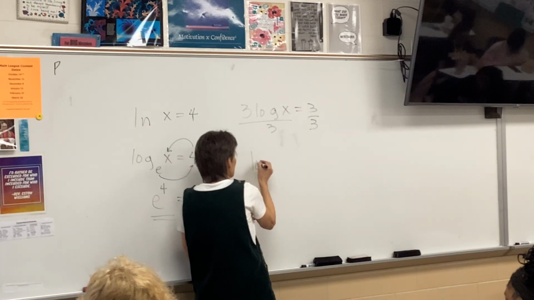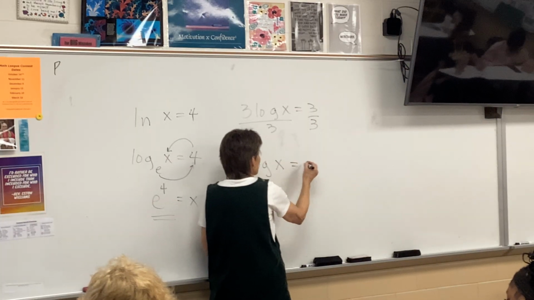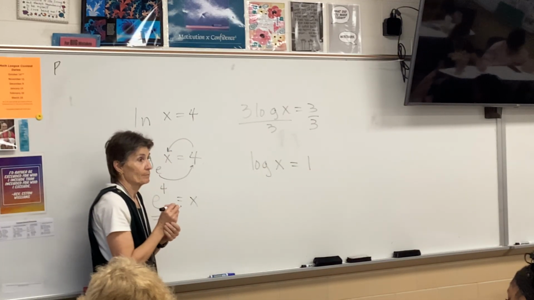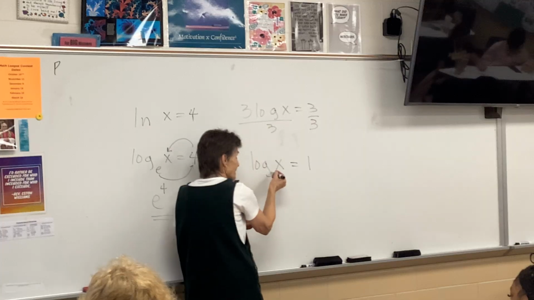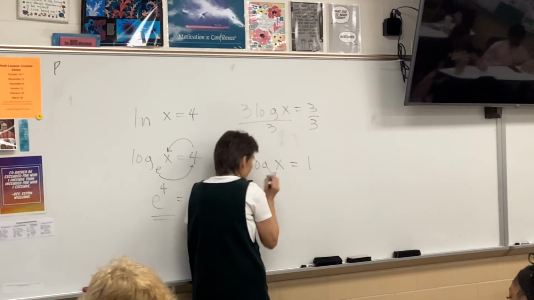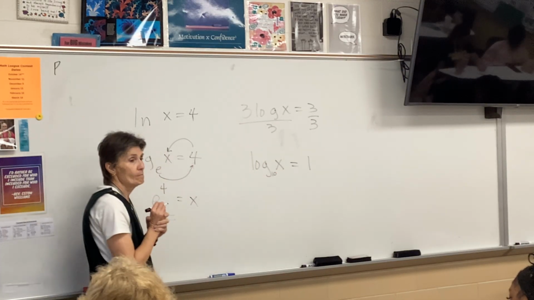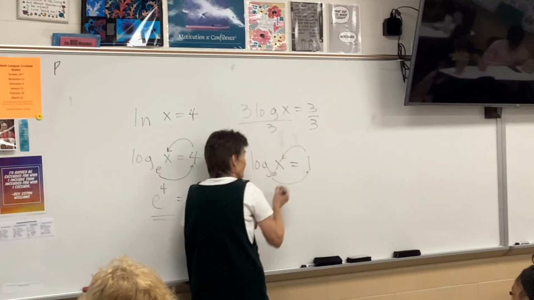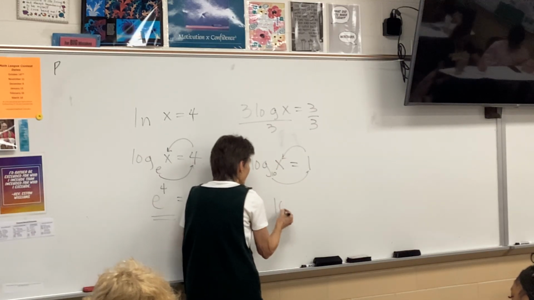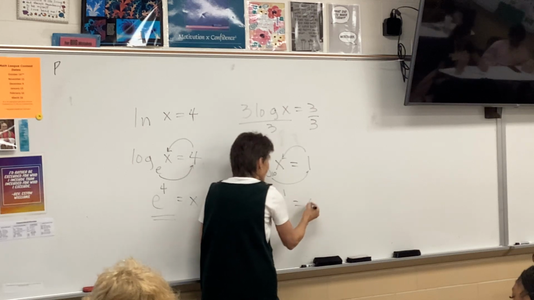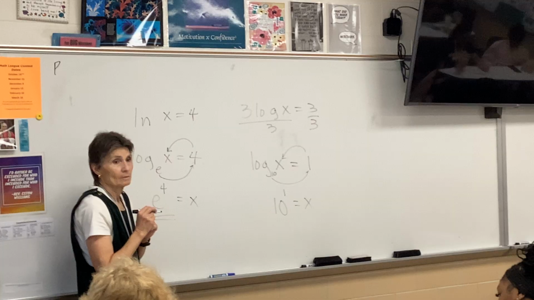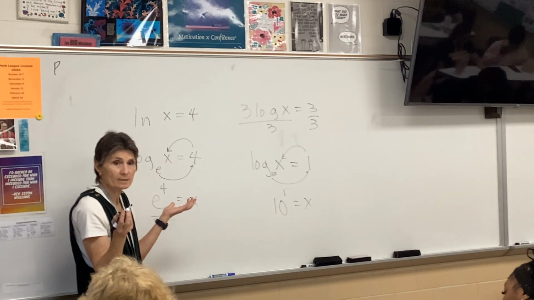So that leaves me with the log of x equal to 1. And I know that the base down here is 10. So when I loop-de-loo it, it says 10 to the first equals x. And 10 to the first is just 10.